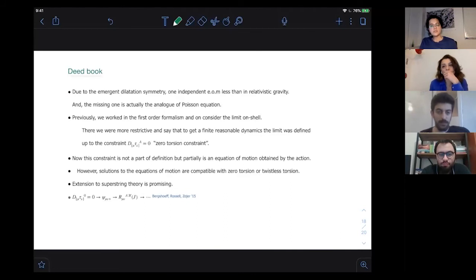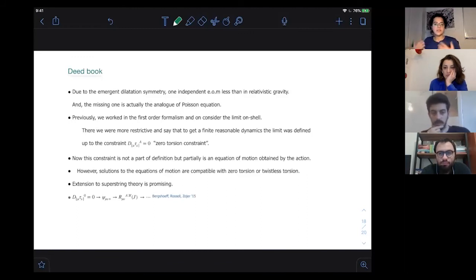There are different ways to get the Poisson equation, but the cost you have to pay is that you have to introduce many more fields than what you introduce here. So instead of introducing the basic Newton-Cartan fields, you have to introduce more fields to be able to get the Poisson equation. So it's a bit complicated, but it's also a well-known problem in some sense.